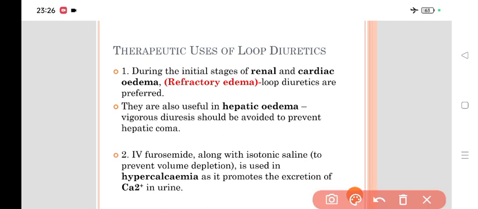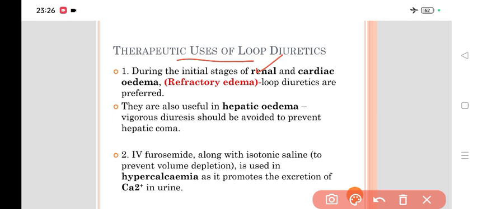During the initial stages of renal edema because of the kidney, cardiac edema because of the heart or congestive cardiac failure, or hepatic edema, these drugs can be used: furosemide, torsemide, bumetanide, ethacrynic acid.